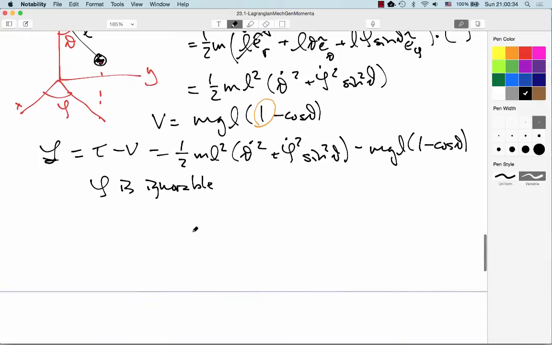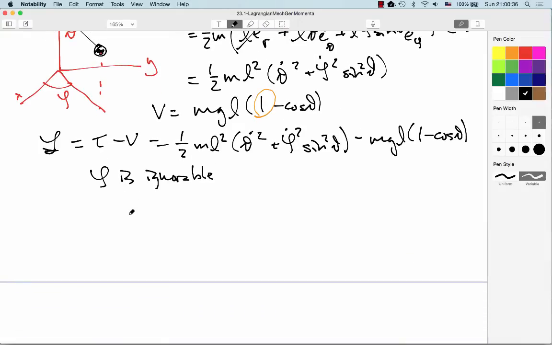So we can immediately get that the generalized momentum, p phi, remember that's partial L partial phi dot. Differentiating, this is the only term with the phi dot in it, bring down the 2, cancel the half, we'll have m L squared phi dot sine squared theta. That's a constant.